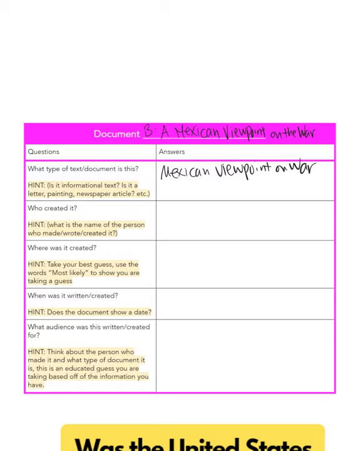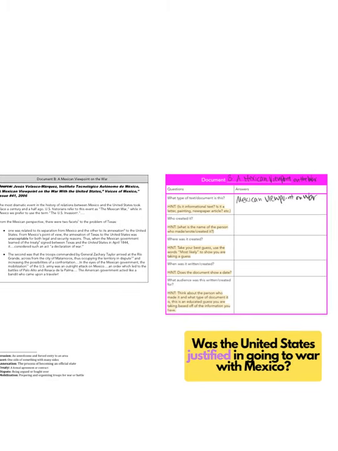Question 2 asks who created it. There's a name right in the sourcing that tells who created this document: Jesús Velasco Márquez. Question 3 asks where this document was created. If you speak Spanish, this might be easier for you. But if you don't speak Spanish, you can maybe rely on cognates to help you. It says right here that this was at the Instituto de Tecnológico Autónomo.